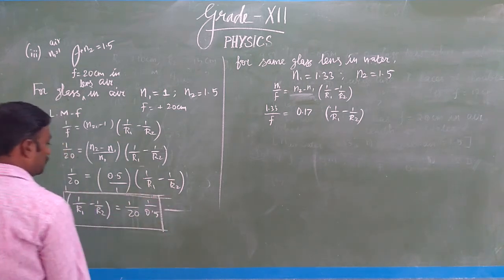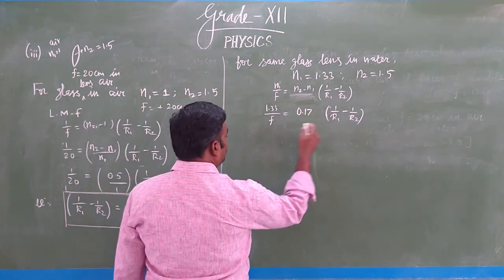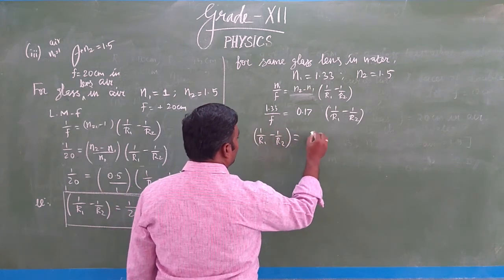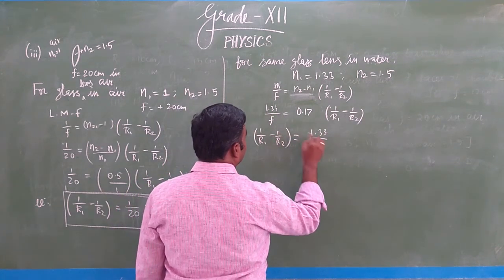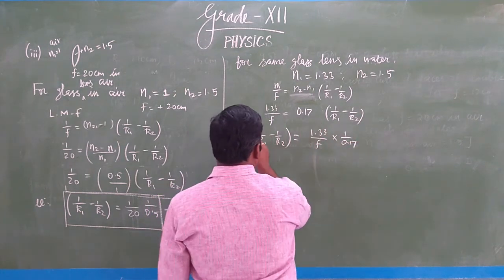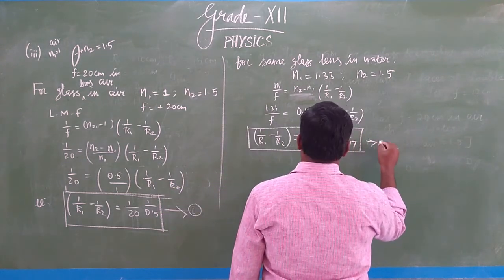Similarly, from the second, 1 by r1 minus 1 by r2 is equal to 1.33 by f, and this multiplication goes there, becoming 1 by 0.17. This is equation number 2.